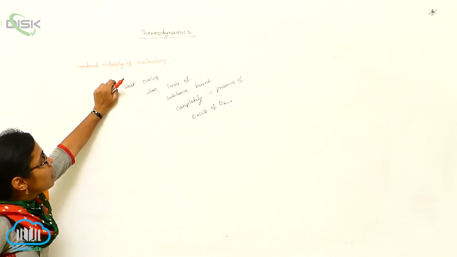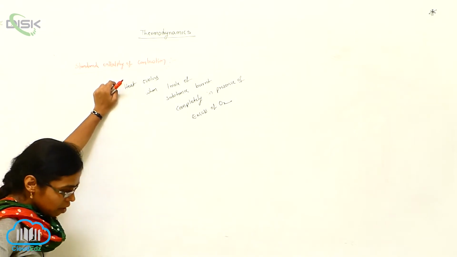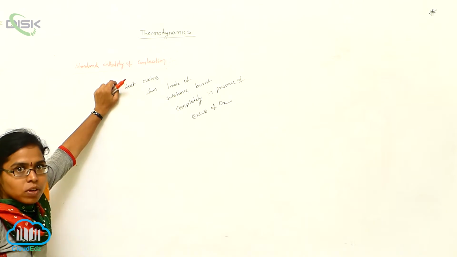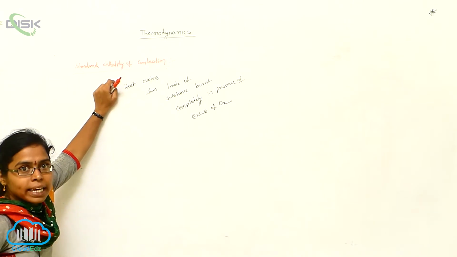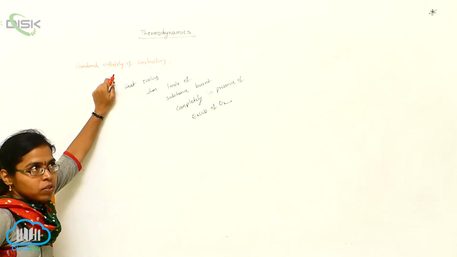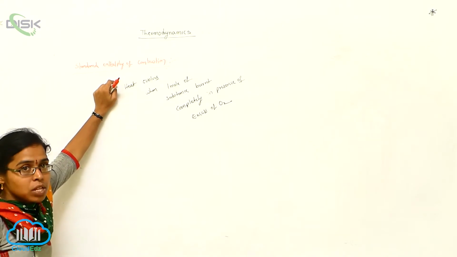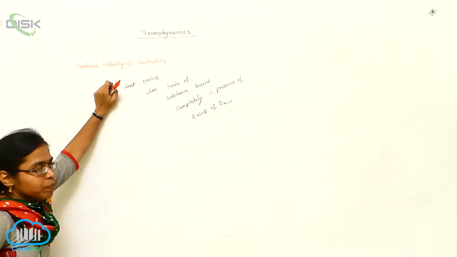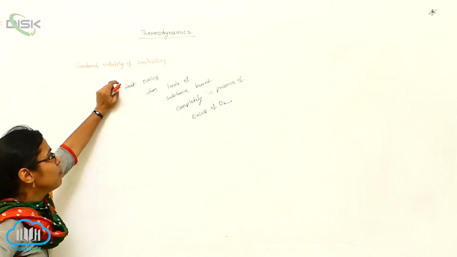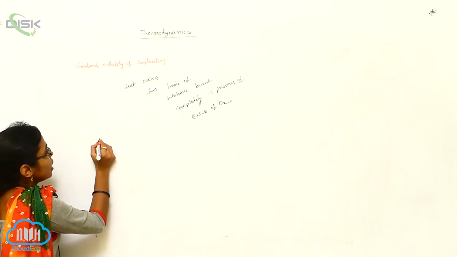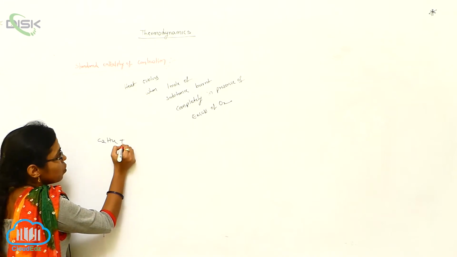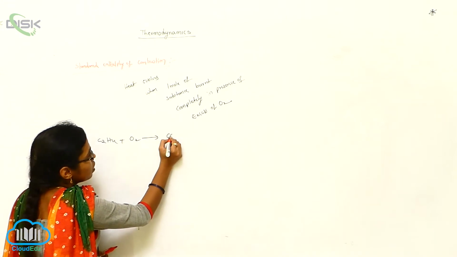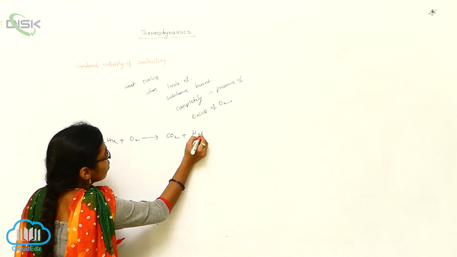Standard enthalpy of combustion, I already gave the example: all hydrocarbons, that is alkanes, alkenes, alkynes. Of course, the aromatic hydrocarbon benzene is also involved in combustion and heat evolves. But the already well-known example, I am taking ethylene, C2H4, with oxygen, it will give carbon dioxide as well as water.